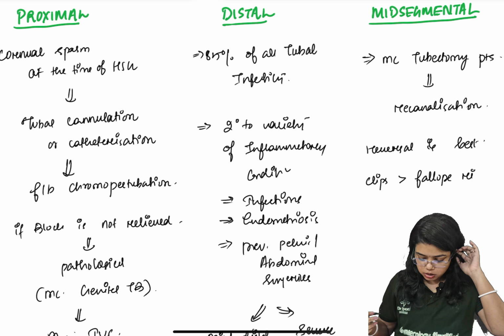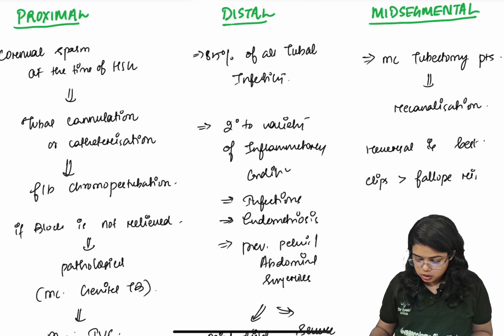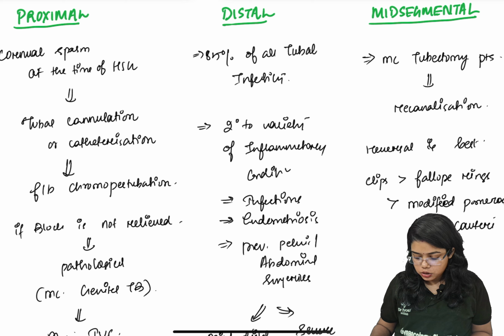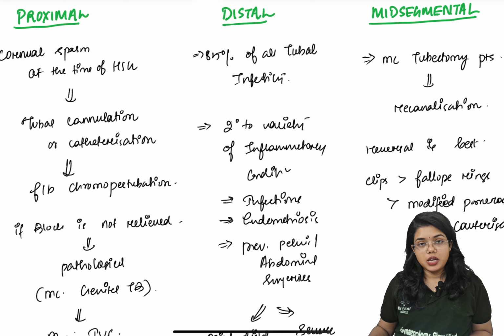So that is the easiest. And second best is the fallope rings, and then the modified Pomeroy's, and last is the cauterization. Cauterization has the poorest prognosis for tubal recanalization.